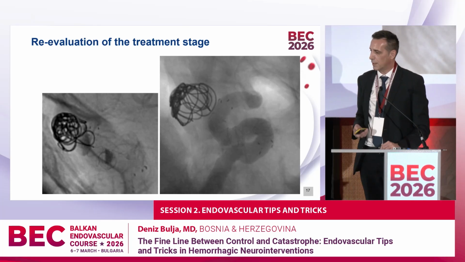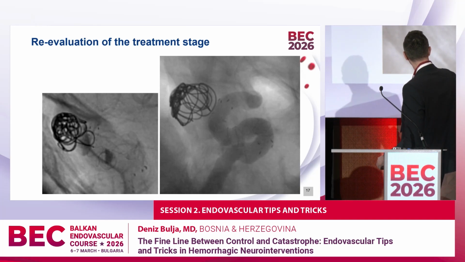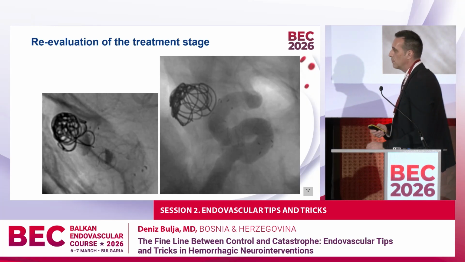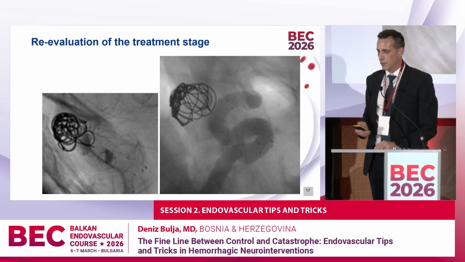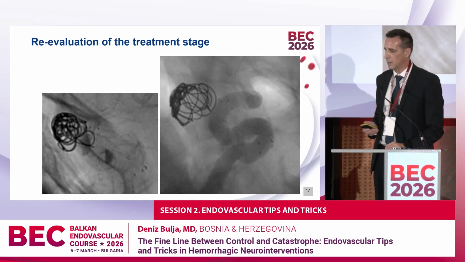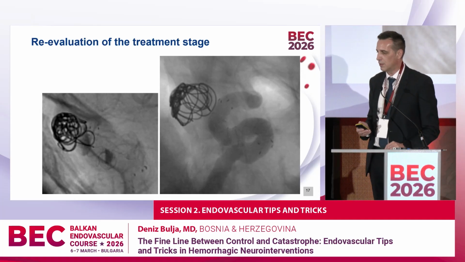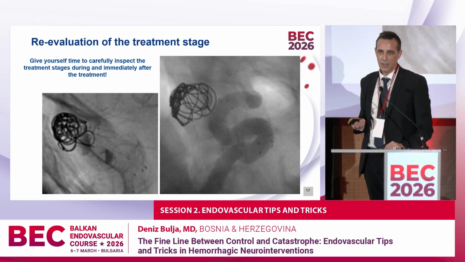So we went back and looked at the treatment, and we saw this here, and there is no opposition of the stent here. We didn't do anything else because he had sufficient collateral flow, so we left it like that 1 year later. So my advice is give yourself time to carefully inspect the treatment stages during and immediately after the treatment.